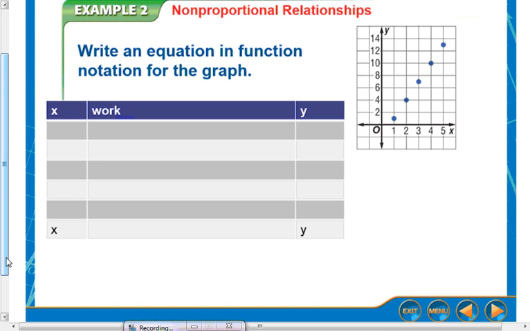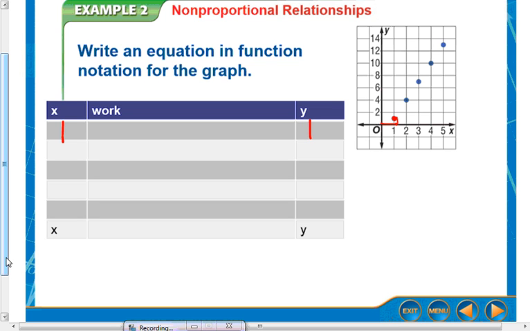All right, example number 2. Write an equation in function notation for the graph. Okay, we're just going to write out all the points. We've got this point right here. So that is 1 and 1. See how we go to the right 1 and then up 1, right?